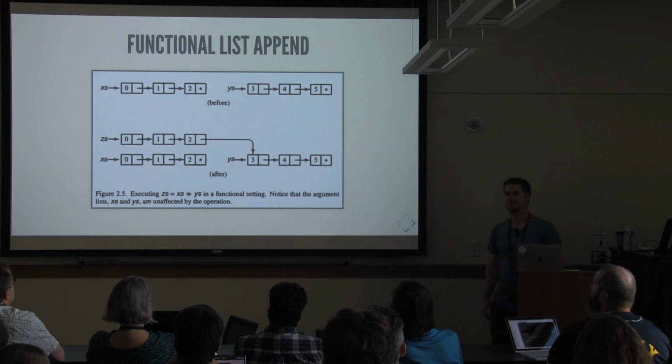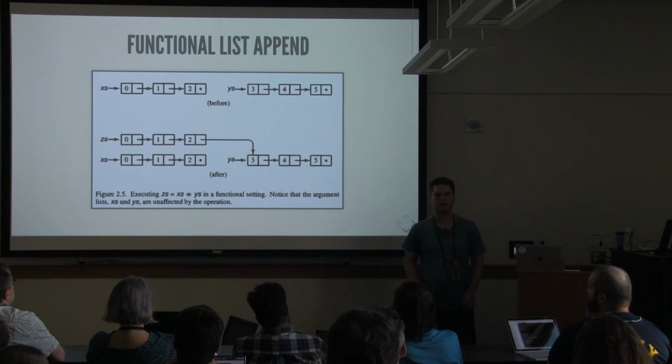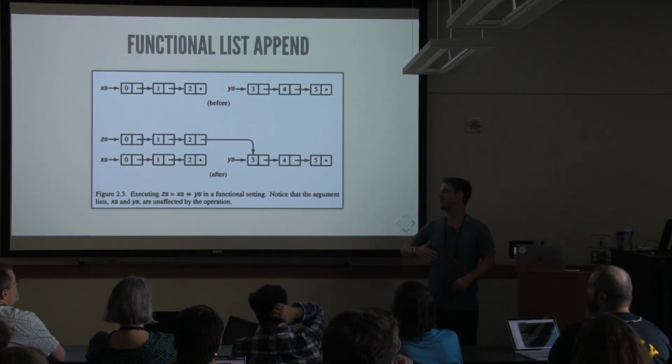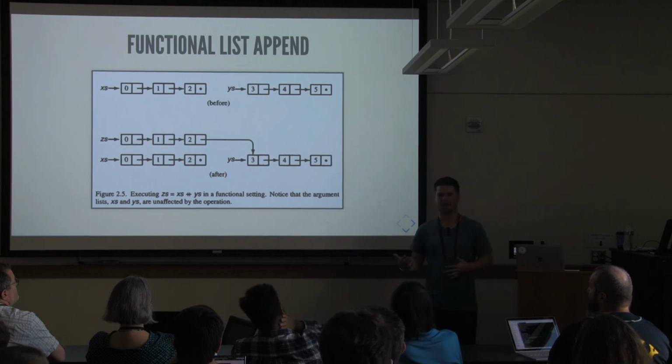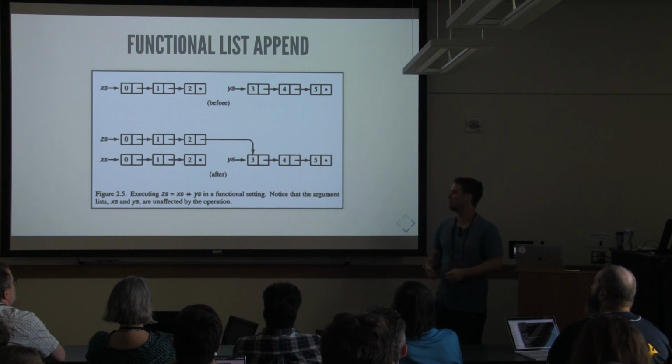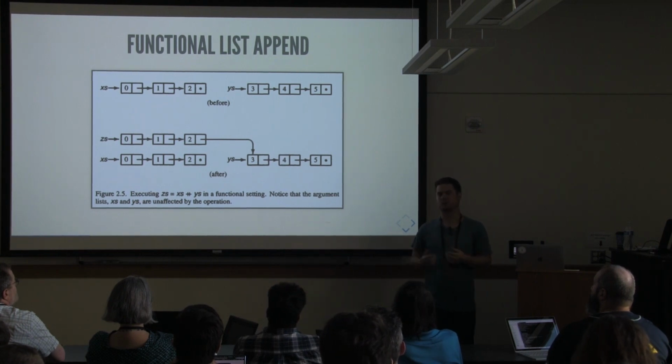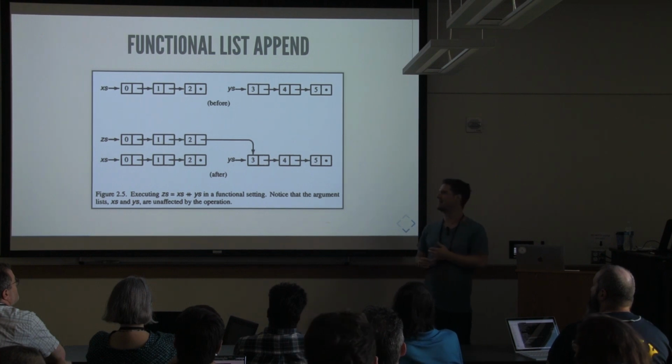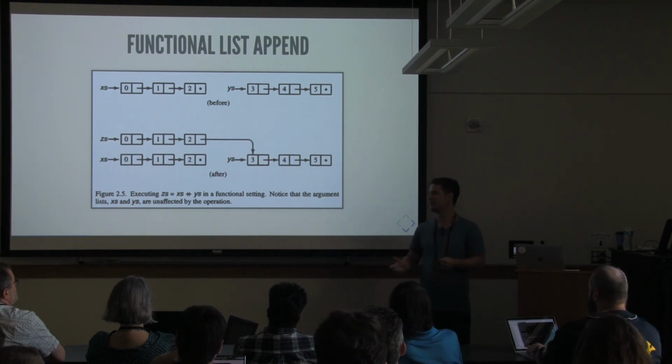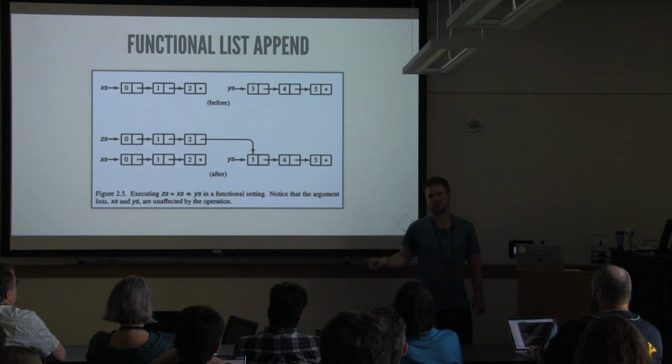In a single example, it seems like these structures are really wasteful. You're doing all this copying, why don't you just change this pointer? But in practice, in an actual production program where you have structure reuse, the memory isn't necessarily as bad as it seems, because you can reuse partial structures.